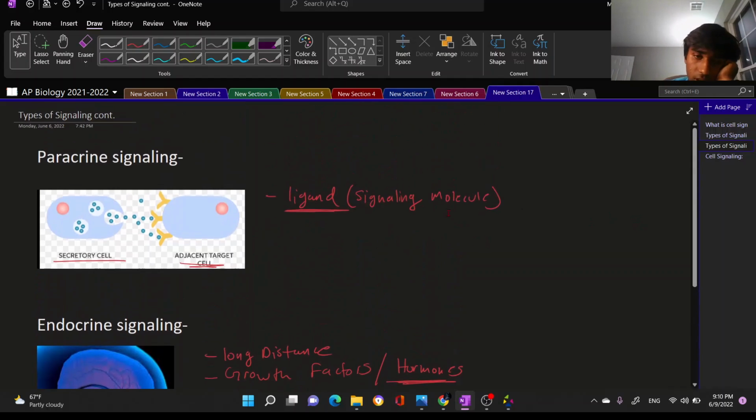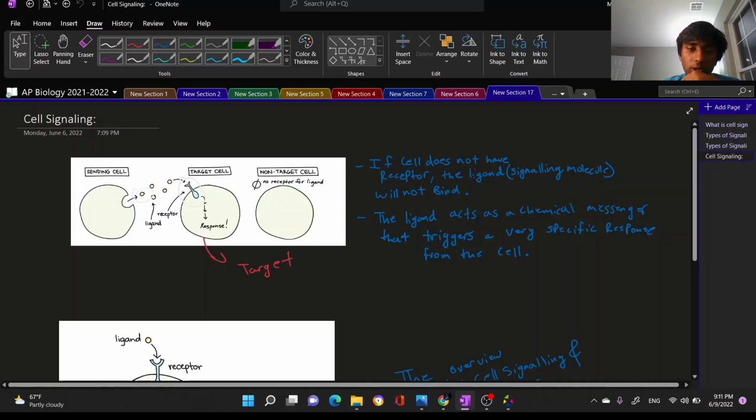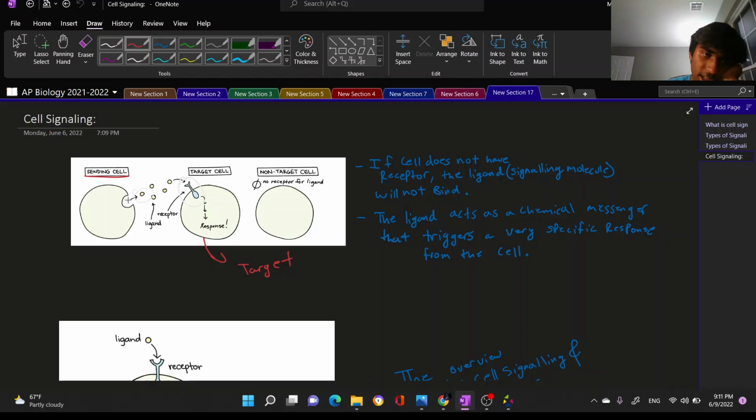So that's just three examples of cell-cell communication. We also have the more detailed parts of this process, which is you see the sending cell, or as we saw earlier, the secreting cell, as the cell sends these ligands to a very specific target cell.